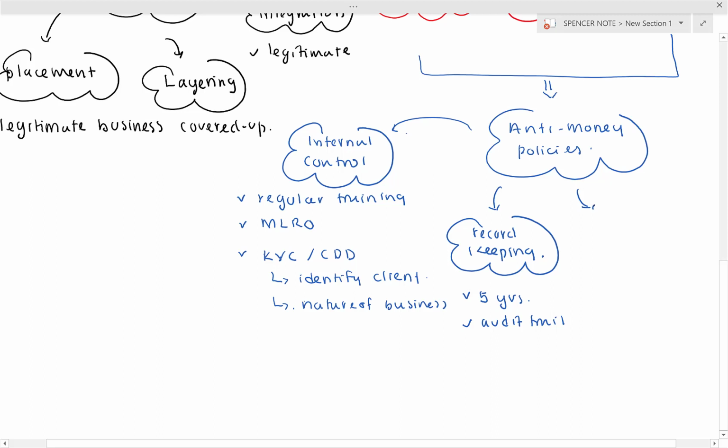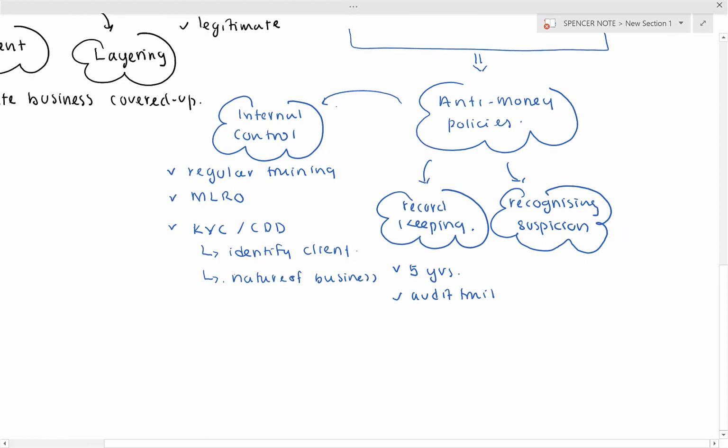Another aspect of the anti-money laundering policy is recognizing suspicion. Actually, suspicion is more than just speculation. Suspicion is only lacking in terms of evidence.